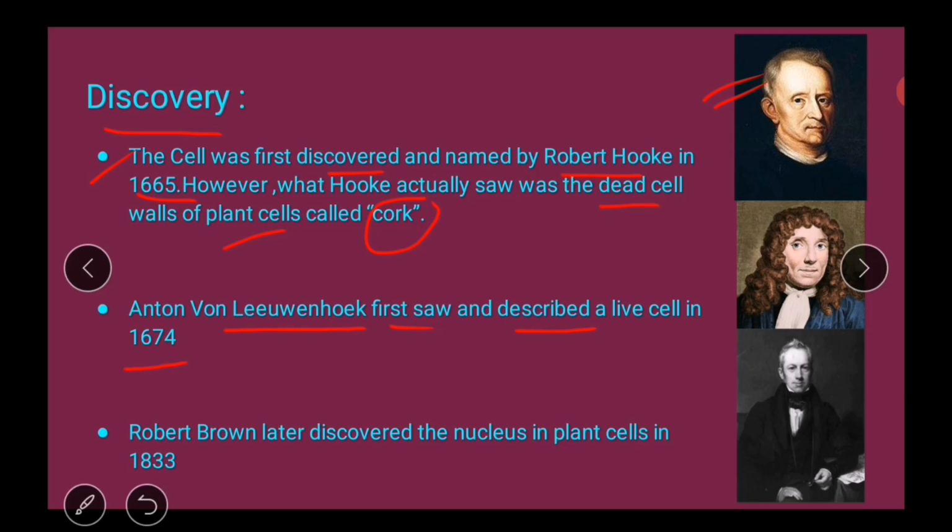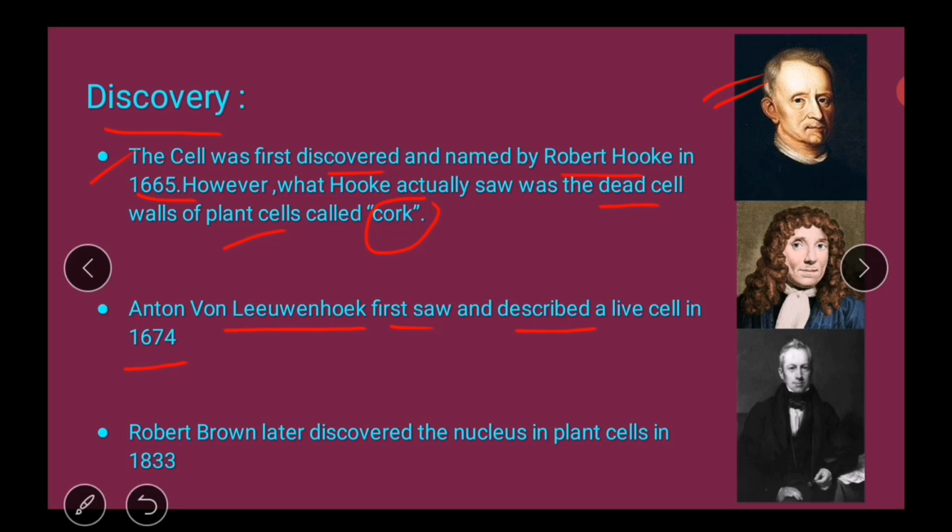Now the structures they would be seeing inside the cell would be the structures which are larger and visible. There are many structures, organelles inside the cell. So what do you think, which will be the first structure visible under the microscope?